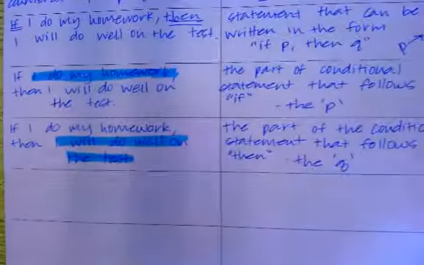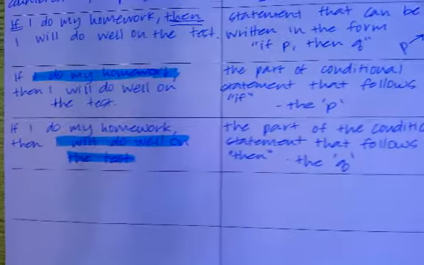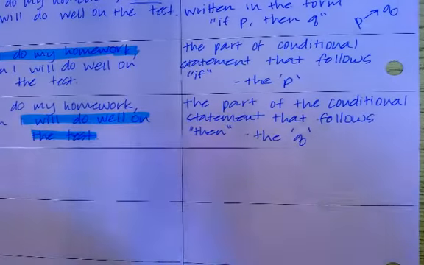Alright, so the trickiest part of today is what's to come. It's not necessarily difficult, it's just 3 rules that you have to remember. The first one is the converse of the conditional.